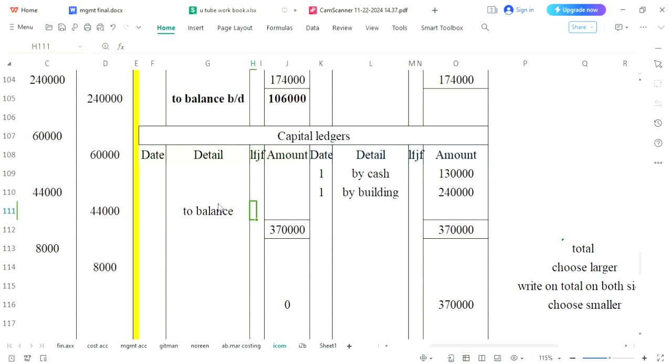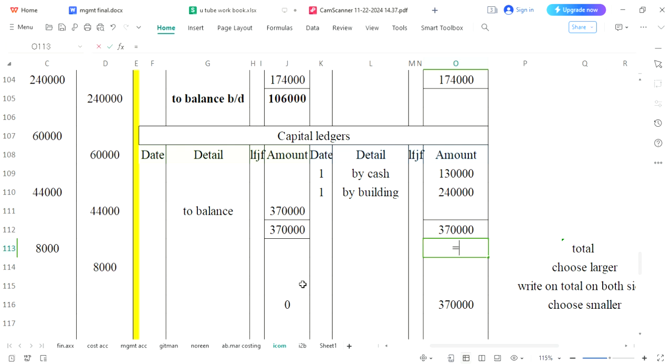And next step is to calculate the balance. How? Subtract the smaller amount from the larger amount. Larger amount was 370,000 and the smaller amount you can see was 0. So the same answer would be over there. Last step would be to bring this balance down.